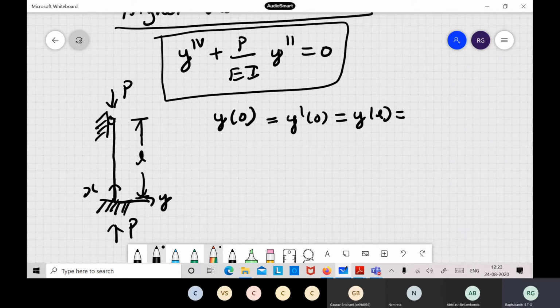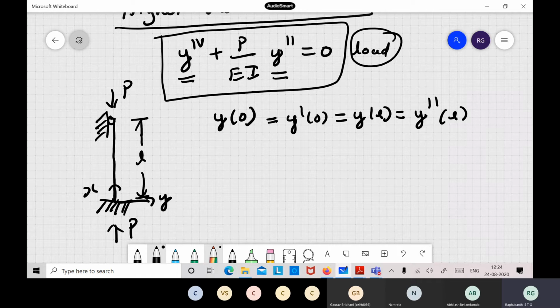If you started with a second order ODE, the bending moment and shear force are already embedded on the right hand side, because you have to do that to derive the equation of equilibrium. But when solving the fourth order ODE, on the right hand side you have only the load. So you have to write boundary conditions for the higher derivatives too. At this end, the bending moment, that means the second derivative, is also equal to 0. This is the extra thing you have to include when solving fourth order equations.